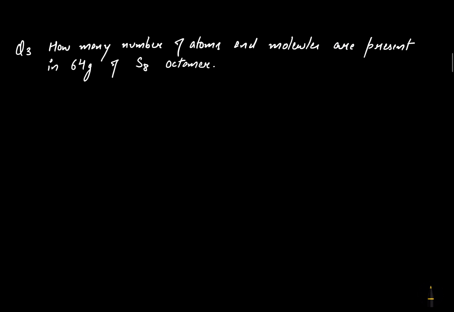The third one is asking: how many atoms and molecules are present in 64 gram of S8 octamer? So let's calculate it. First of all, I'm calculating the molecular mass of S8. The atomic mass of sulfur, I know, is 32 grams.